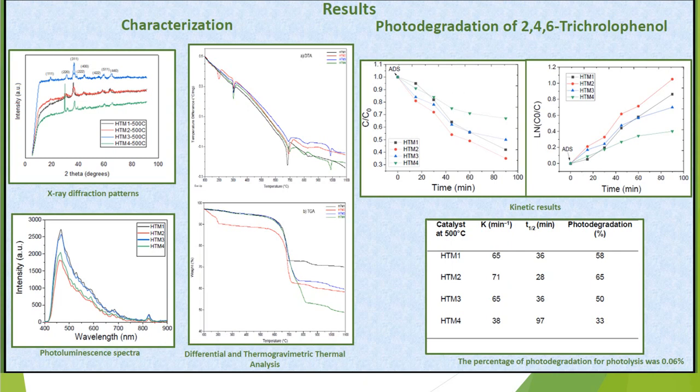The photoluminescence spectra of the hydrotalcites activated at 500 Celsius degrees are shown in this figure. Photoluminescence studies were performed for the synthesized materials to corroborate the ease of recombination of the photogenerated electron-hole pairs, since it's a key factor in photocatalytic processes.